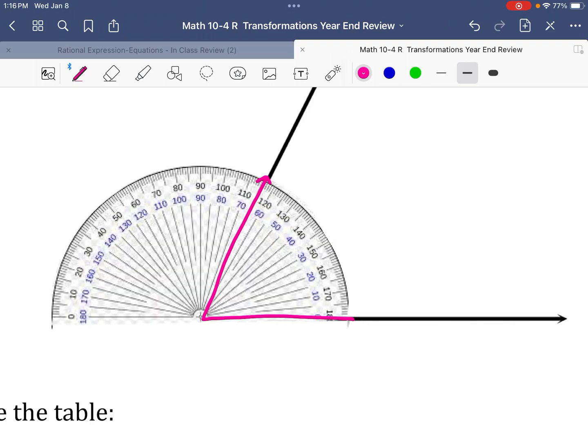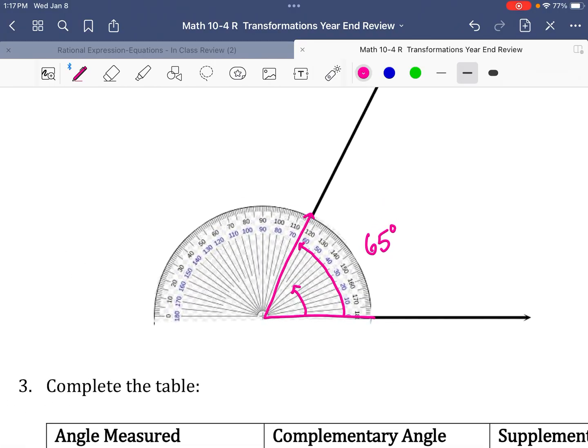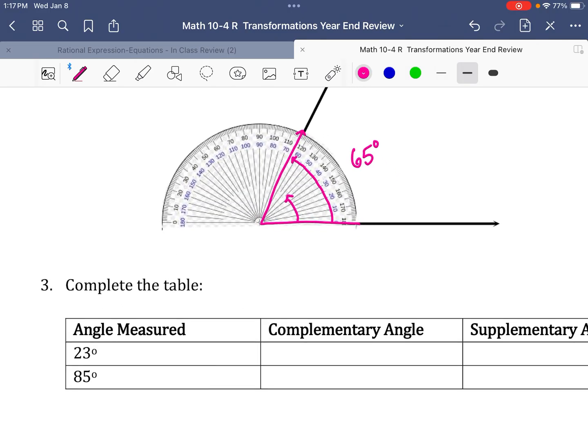Not the greatest protractor, hopefully yours shows it a little bit more clearly. But we're counting up this way. So in this case, we're going to be using the inside numbers here. So 10, 20, 30, 40, 50, 60. It looks about, let's call that 65 degrees. Now I'm just using my iPad here, so your protractor might vary a little bit from that.